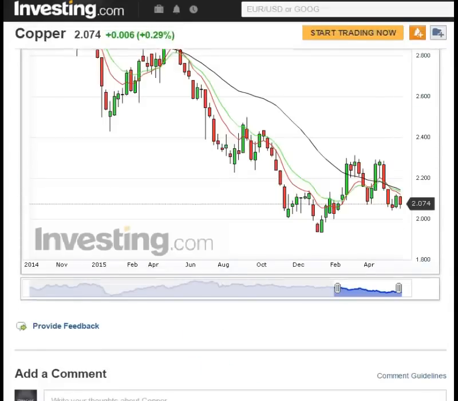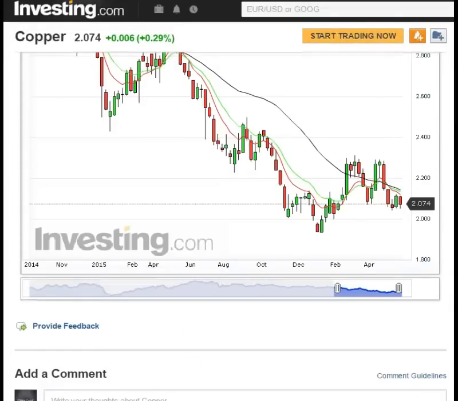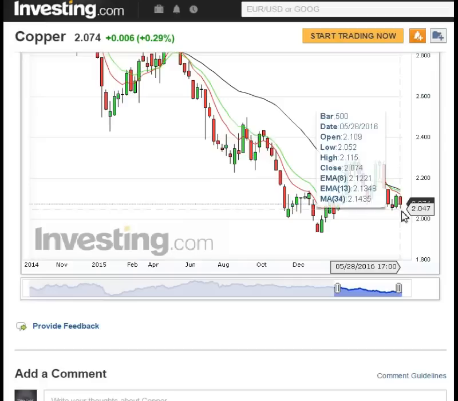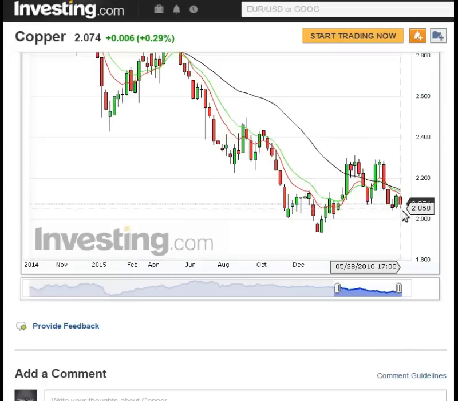Copper did a bounce. We got a double top, a lower high. It broke previous lows, bounced back into previous lows like a bullish retracement, and now we're backing off again. Watch for previous low breaks on copper. Unless it wants to hold here, make a higher low and work its way back across.